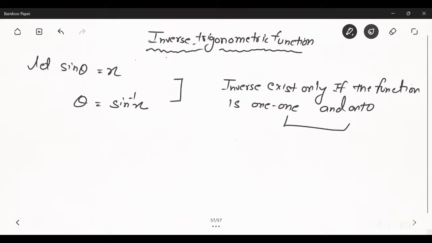That means the function will be bijective. Okay, you know that all trigonometric functions are onto because the range of the function belongs to them.